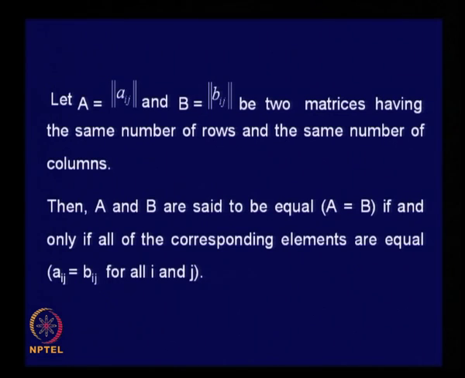Element corresponding to 1 1 in A should be same as 1 1 in B. So, all the corresponding cell elements should be same, then you can say both the matrices are equal, otherwise they are not equal.